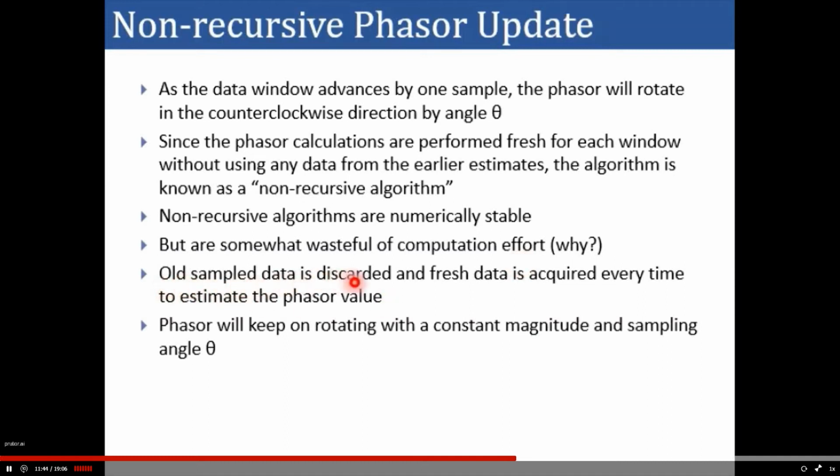So old sample data is discarded and fresh data is acquired every time to estimate the phasor value. In this way, the phasor will keep on rotating with a constant magnitude and sampling angle. This is the disadvantage of the non-recursive phasor update, but it is numerically stable.